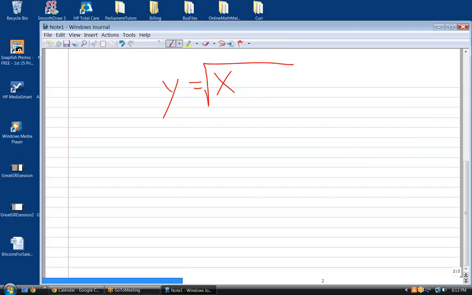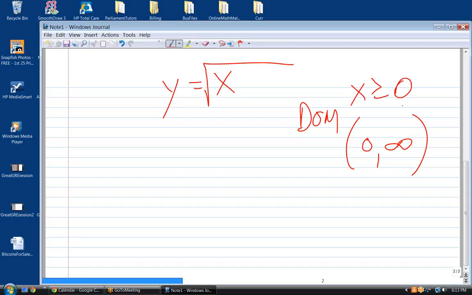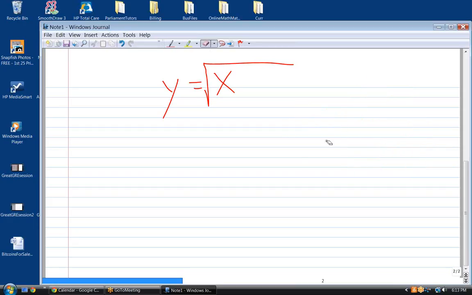Are you talking about the interval notation where the domain would be represented as 0, infinity? Mm-hmm. Yeah, that's interval notation. That's the same thing as x is greater than or equal to 0. Oh, okay. It's just different notation. If you use interval notation, I'd be happy to switch to that.